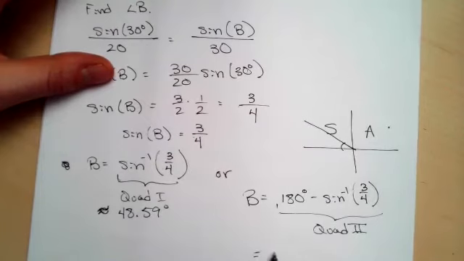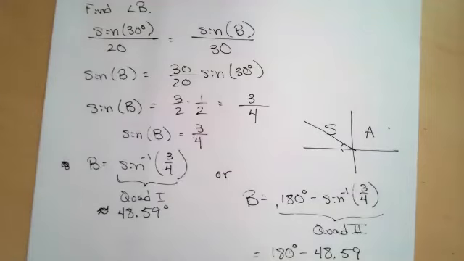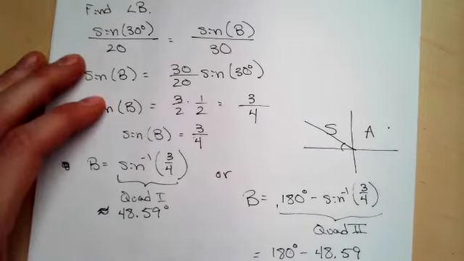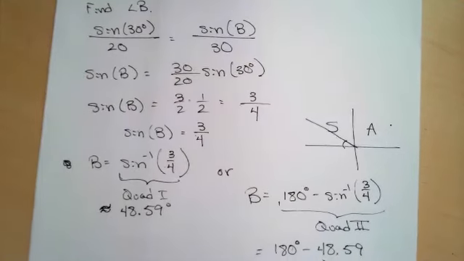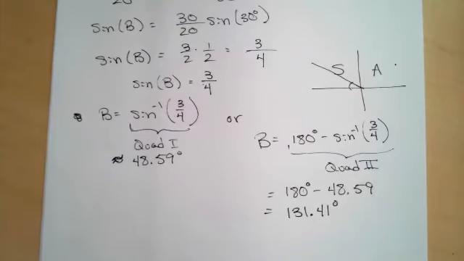And in this case, now we would have 180 minus 48.59, and so we get approximately 131.41 degrees. Any questions on that?